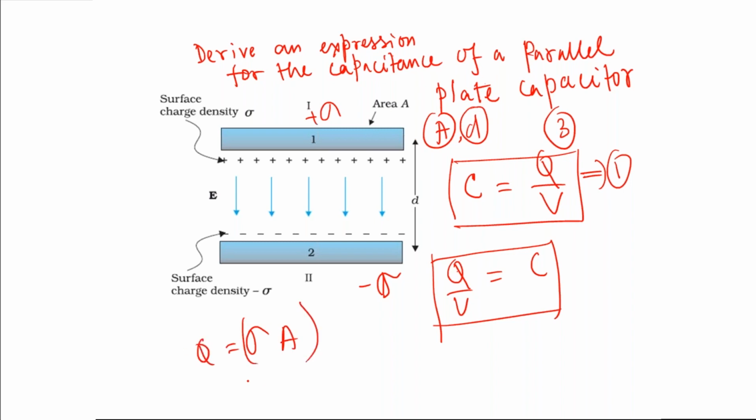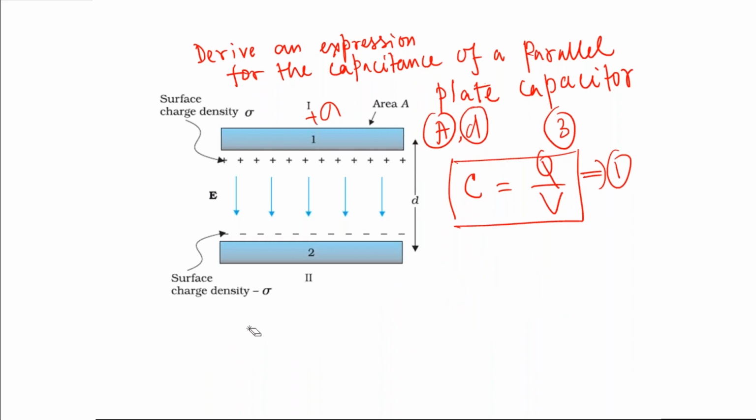See, getting the charge is not an issue. Surface charge density into area is nothing but charge, so I can get the charge Q. But what I have to get is the V. That is actually the main point: how to find out the potential V over here.